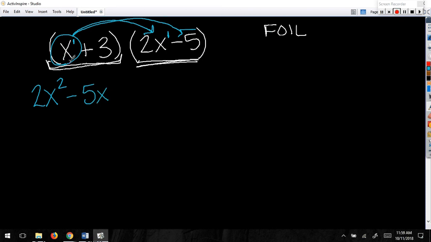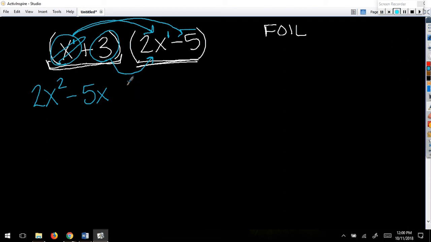Now, this one has distributed to everything here, so I'm done with it, and I will move on to the second term. So now I distribute this through to this parentheses. 3 times 2x would be 6x. And then 3 times negative 5 would be negative 15.